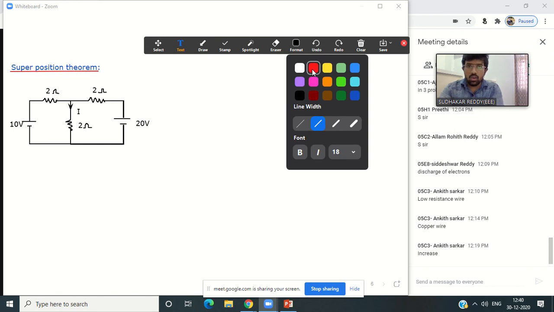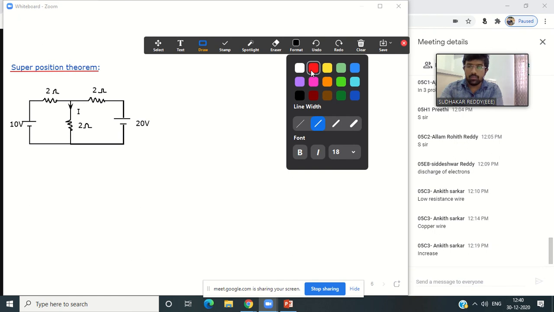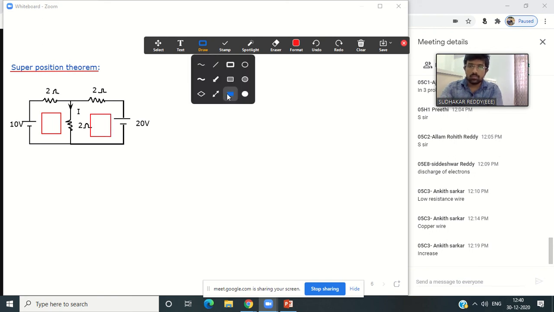Okay, now. So all of you copied the problem, right? Everyone apply mesh analysis in parallel. I consider this mesh current as I1, and that mesh current as I2.